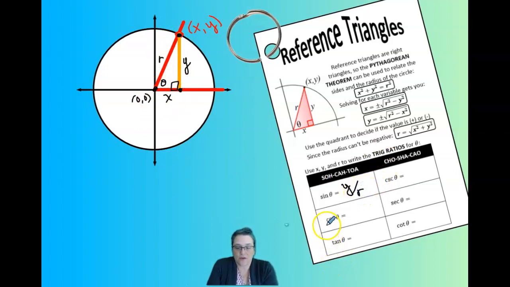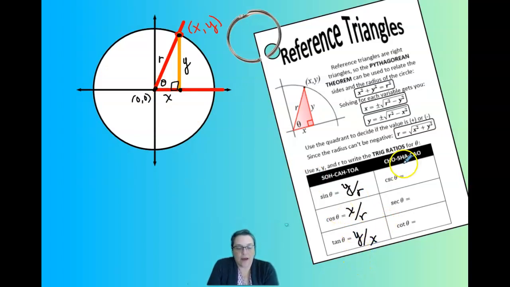Okay, then the cosine is the adjacent over the hypotenuse, so x is adjacent to theta, and r is the hypotenuse, so the cosine would be x over r. The tangent is opposite over adjacent, and that would be the ratio y over x.